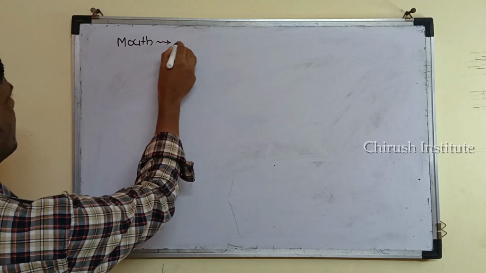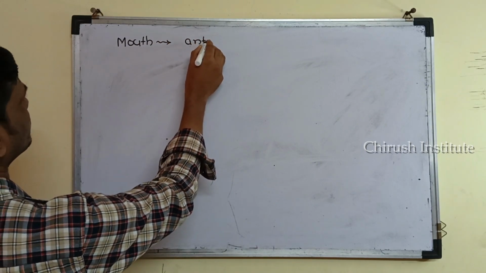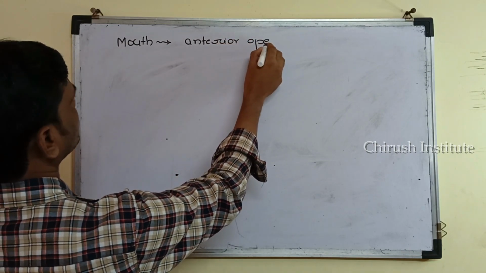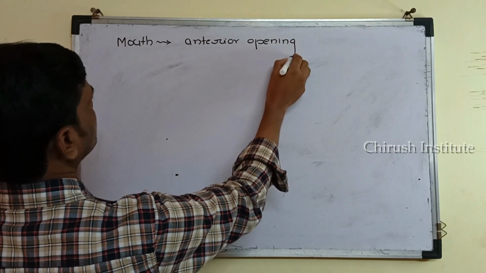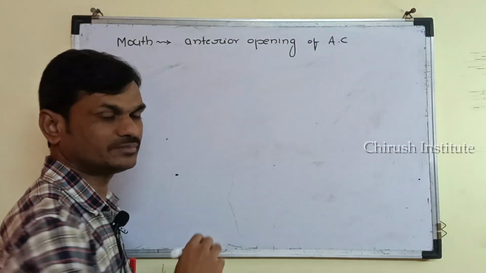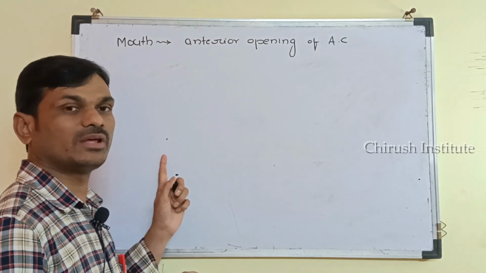So the mouth is the anterior opening of the alimentary canal or gut. This is the first part of the alimentary canal.